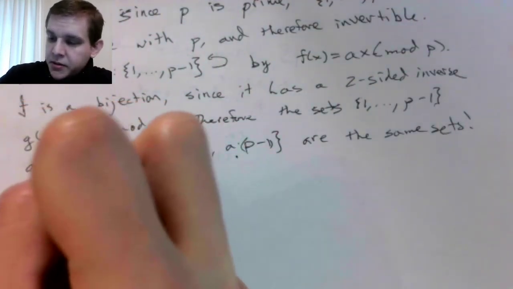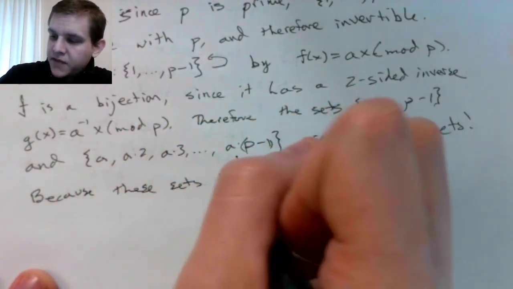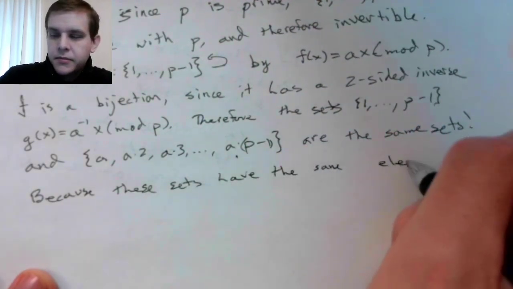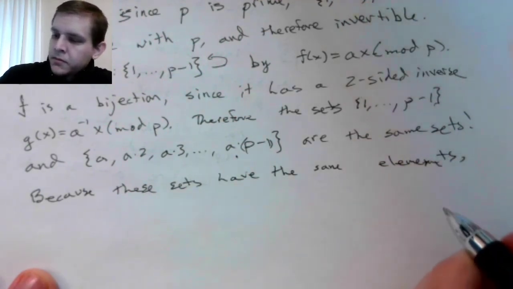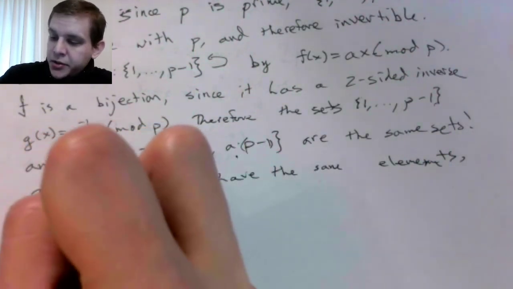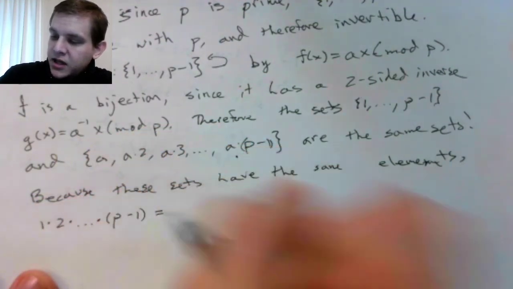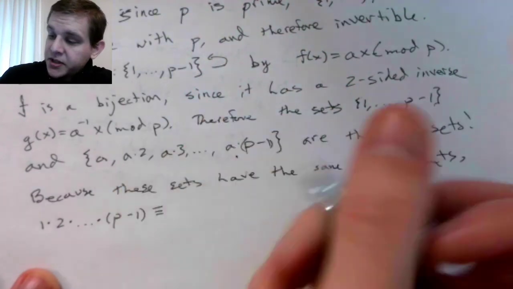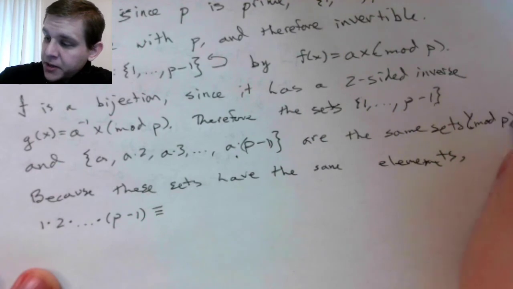So because these sets have the same elements, the multiplication 1 times 2 times 3 all the way up to p minus 1 is congruent, because they're the same sets modulo p.